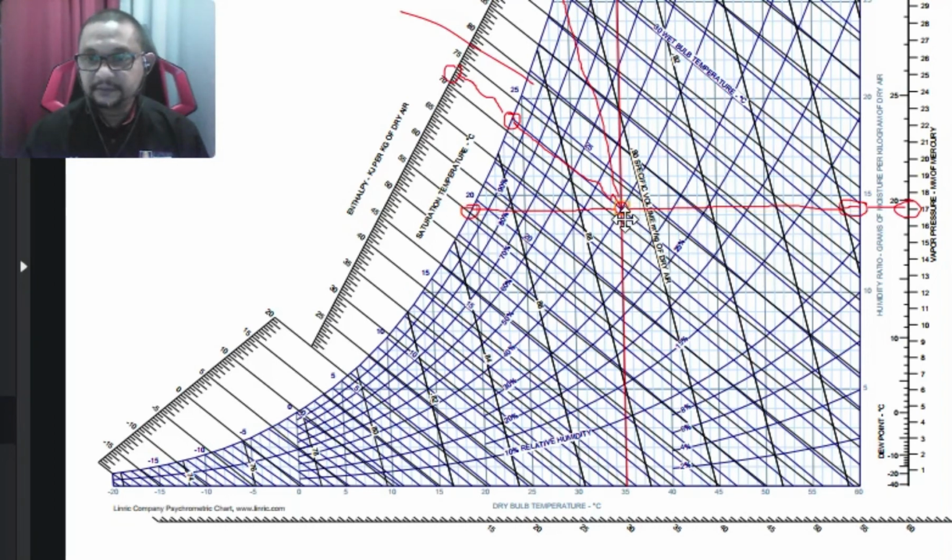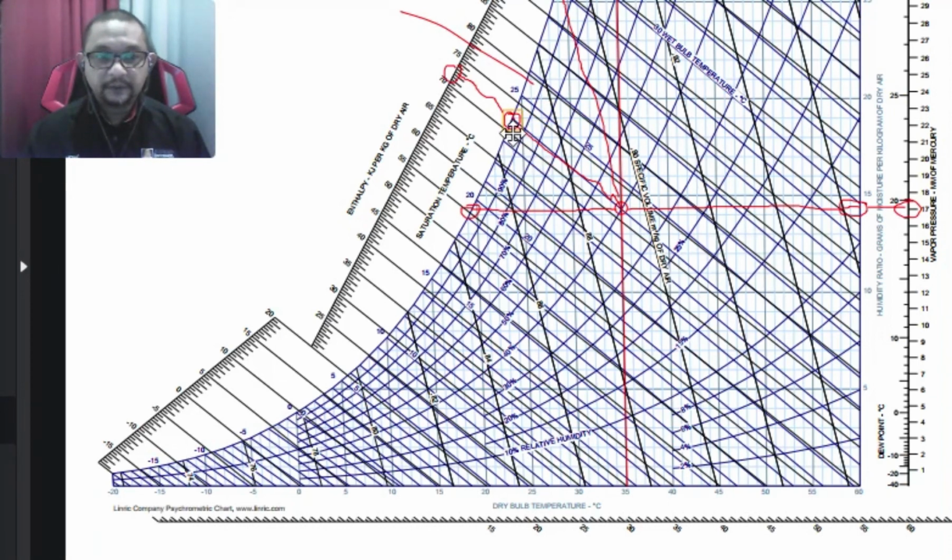From this intersection we can also draw a line, and at this circle it shows the enthalpy. For this enthalpy, the value is about 71.5 kilojoule per kilogram dry air. And then for the wet bulb temperature, we can determine it by drawing a line parallel to the constant TWB line.